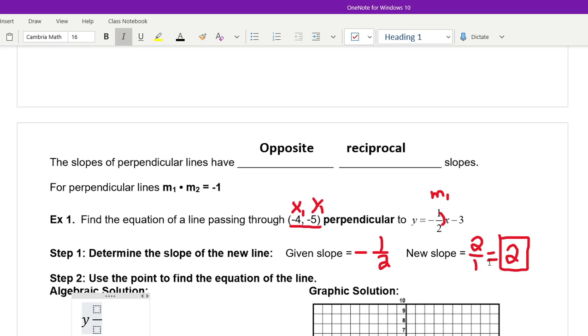We have y minus a -5, minus a negative is just positive. So y plus 5 equals our slope, which is now 2. And this will multiply the difference of x. And since it's minus a negative yet again, we have plus 4.